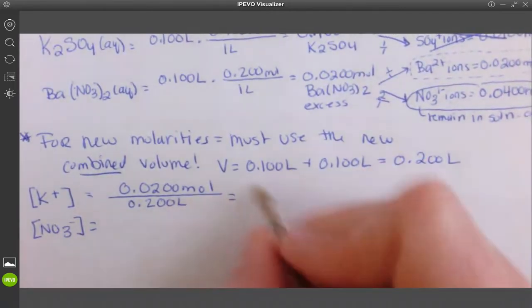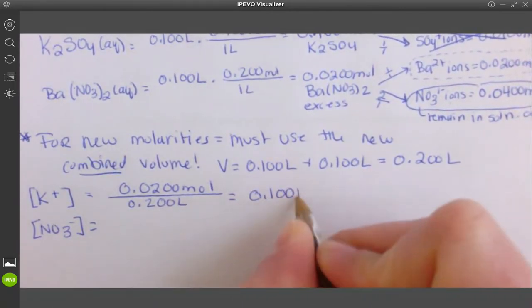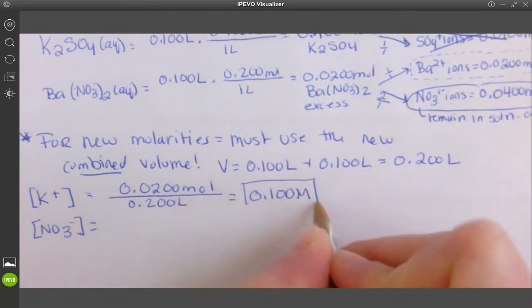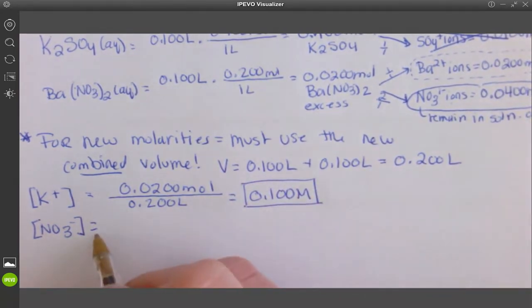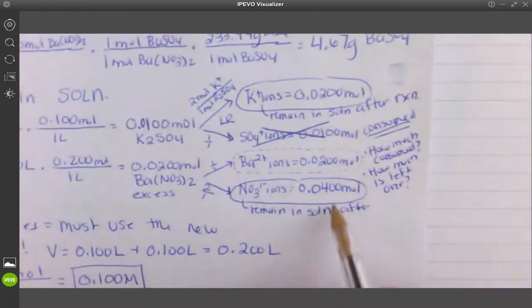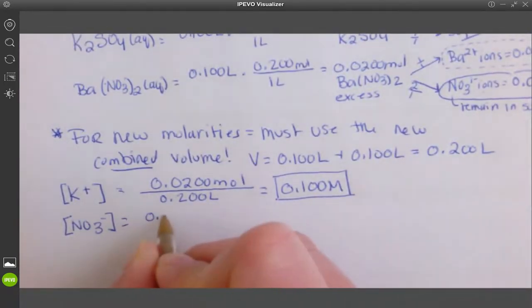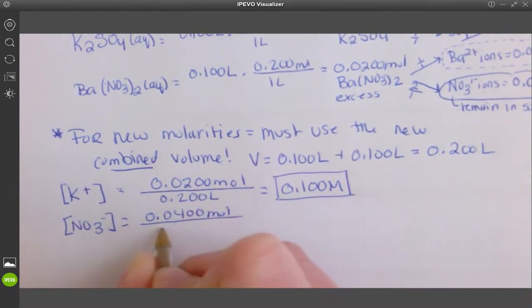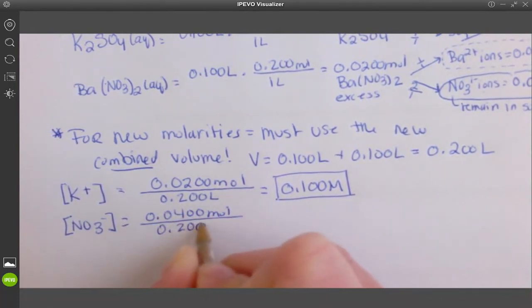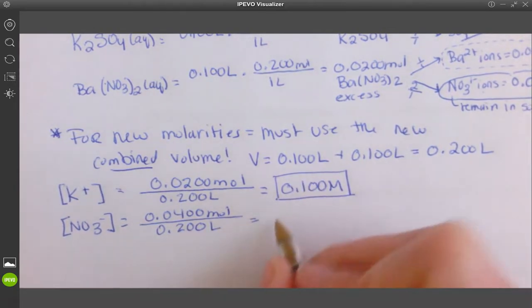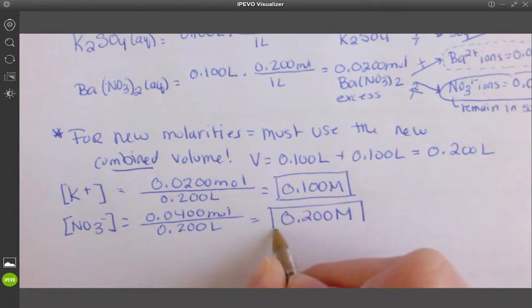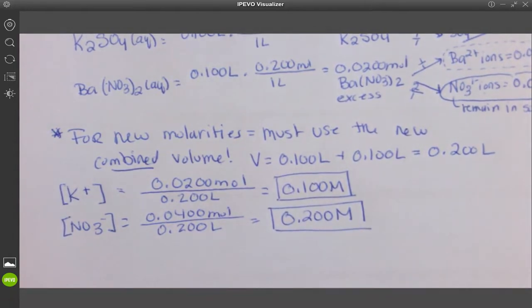When you divide that, you get a 0.100 molar concentration of our potassium ions. Doing the same thing for nitrate, I'm going to use its number of moles, which is 0.0400 moles of my nitrate ions that didn't react with anything, in their new 0.2-liter solution. When you divide that, I get my 0.2 molar concentration.